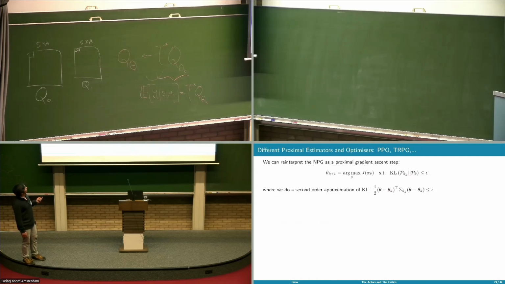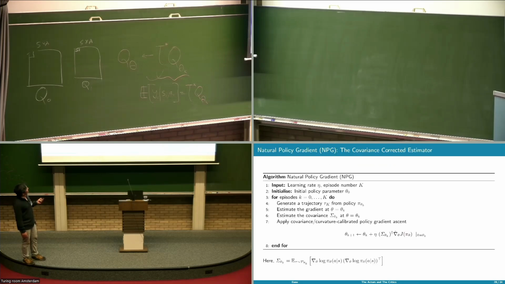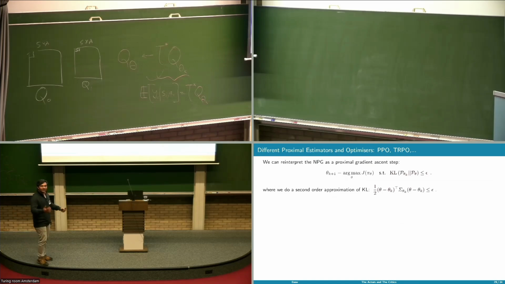You see this sigma theta k appears as a pseudo inverse, or an inverse if it is full rank, and then you can keep on updating using this. And we know from practice that rather than the classical policy gradient, this natural policy gradient really works better, and gives better convergence analysis and stability analysis.